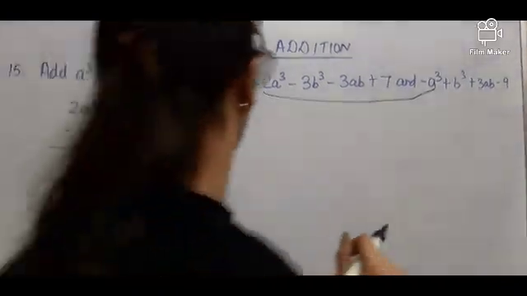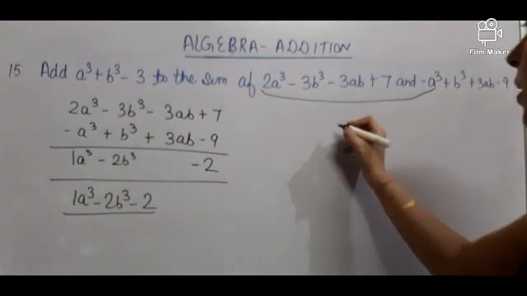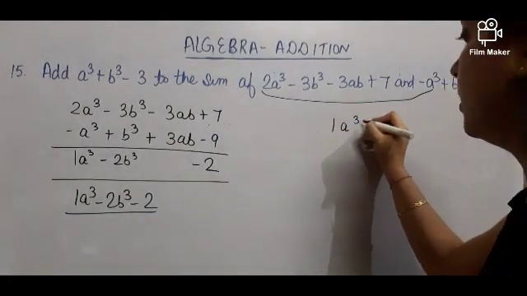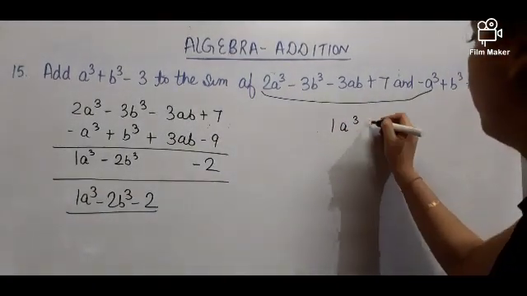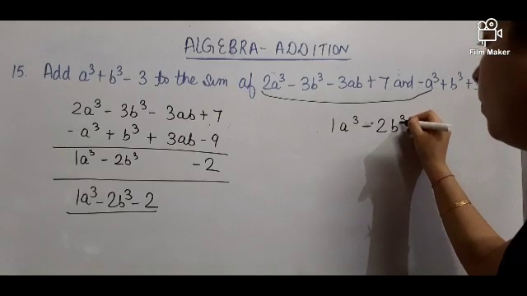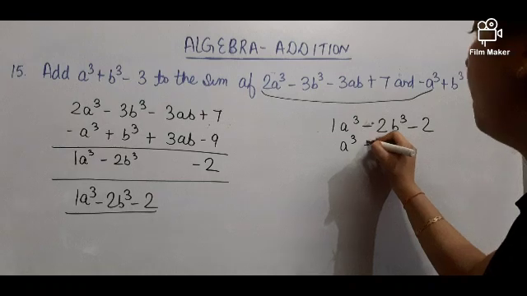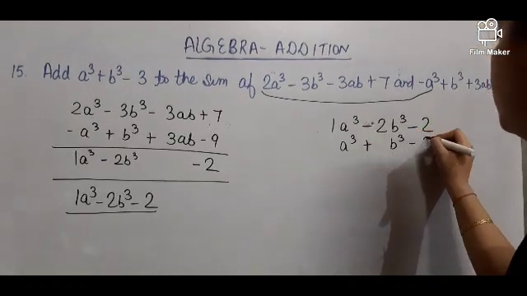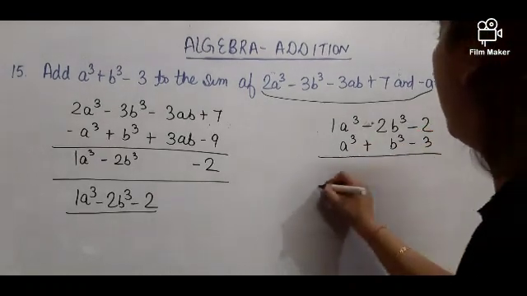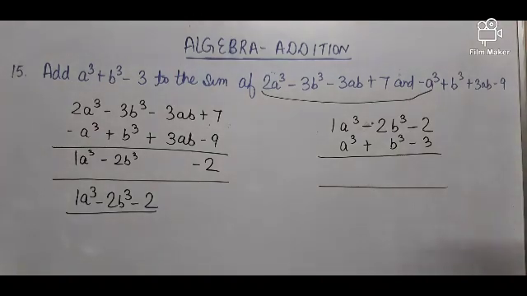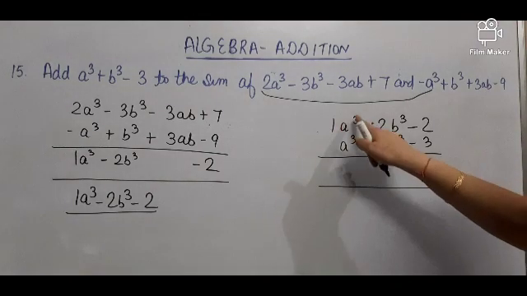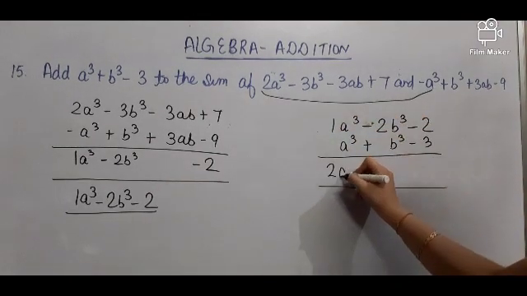Now add this to the sum of this. So first write the sum. We have got 1a cube minus 2b cube minus 2. Then a cube plus b cube minus 3. Now add these terms. So 1a cube plus 1a cube is 2a cube.